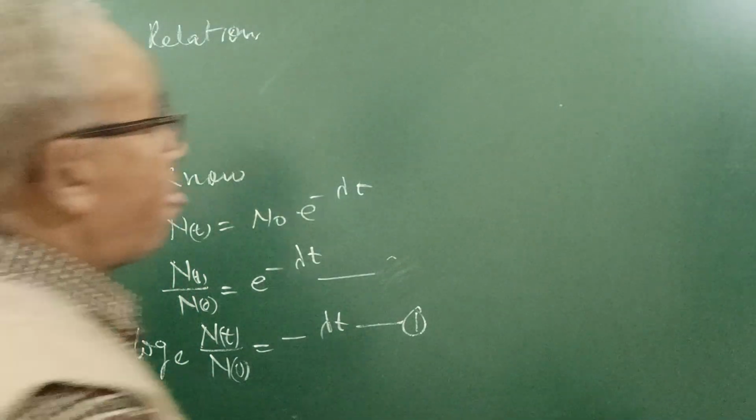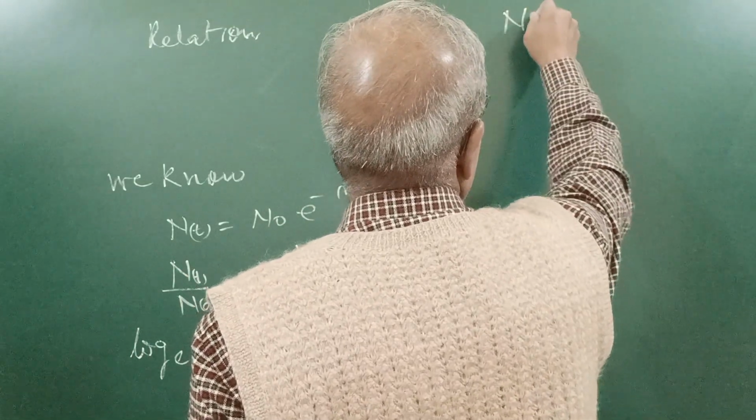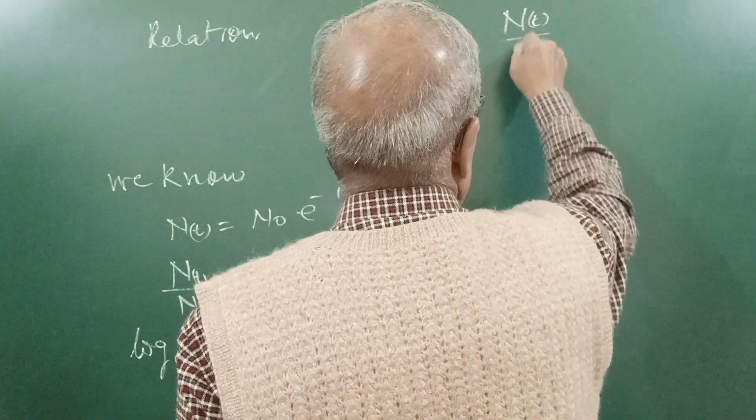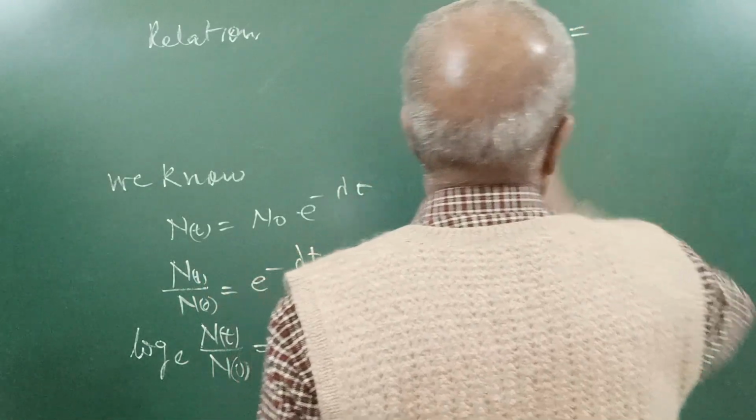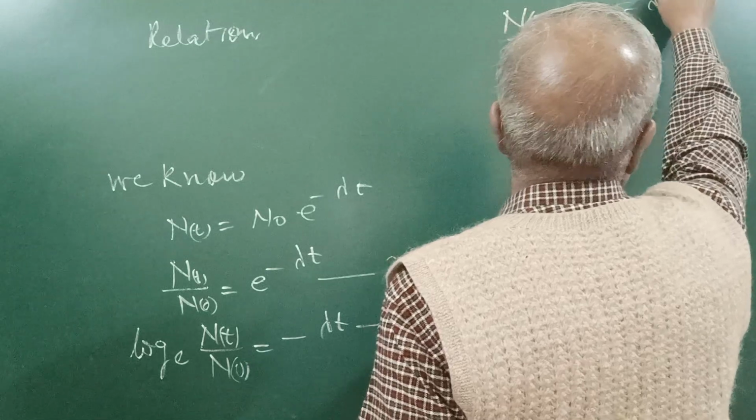Now further, again you know Nt upon N0 is equal to e to the power minus lambda t.